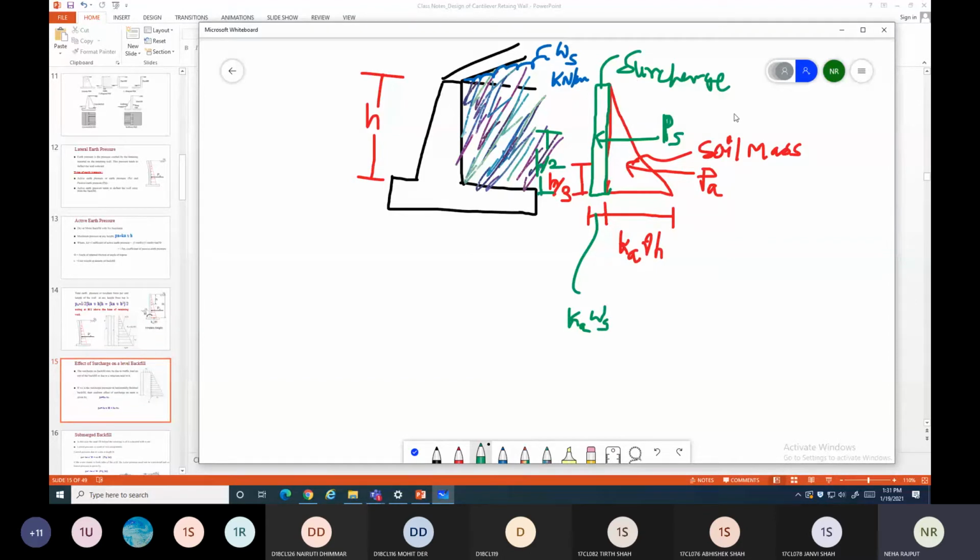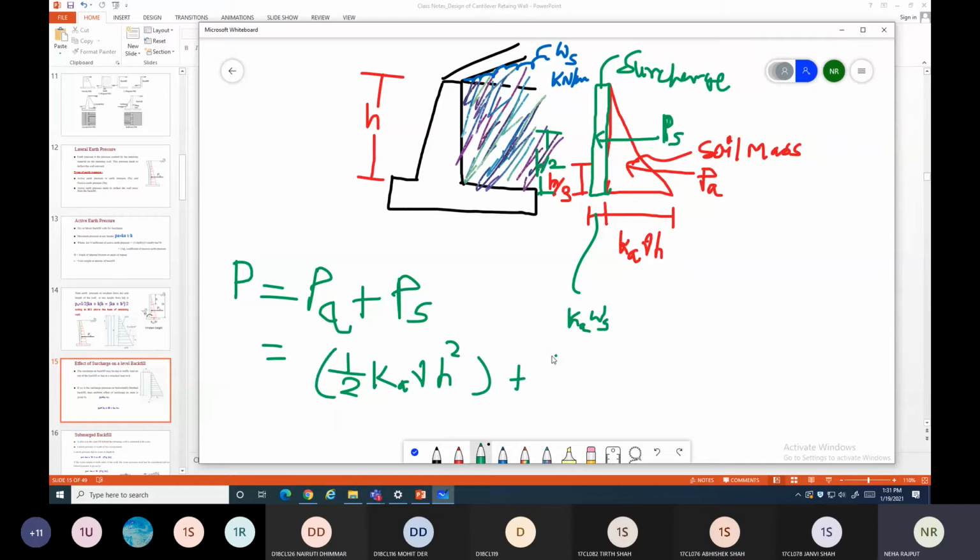So if the surcharge load is there, then the total pressure acting on the stem part will be PA plus PS, where PA is 1/2 K gamma into H square, plus PS, which will be K into the surcharge load.